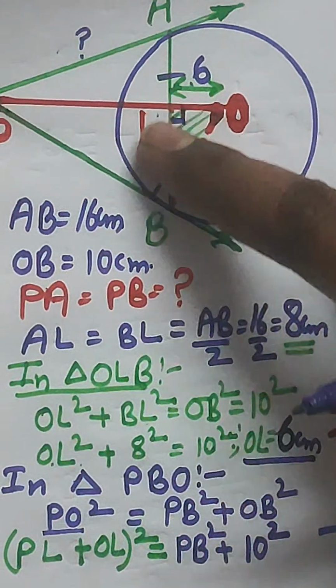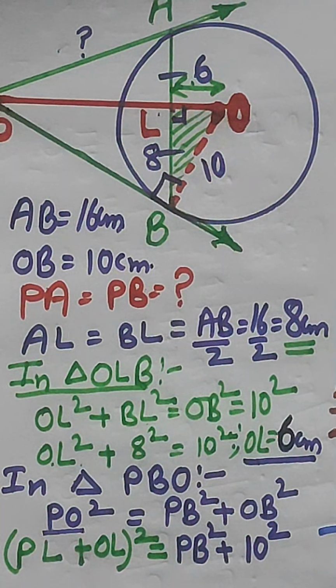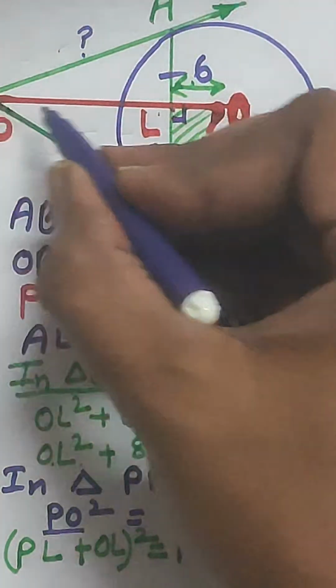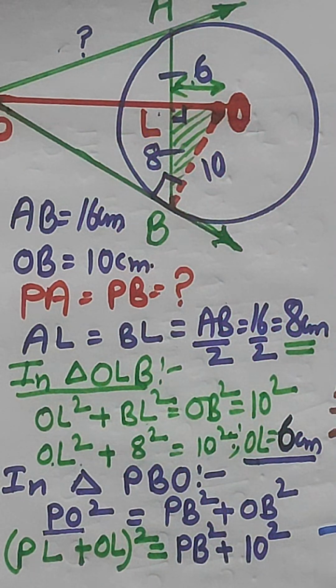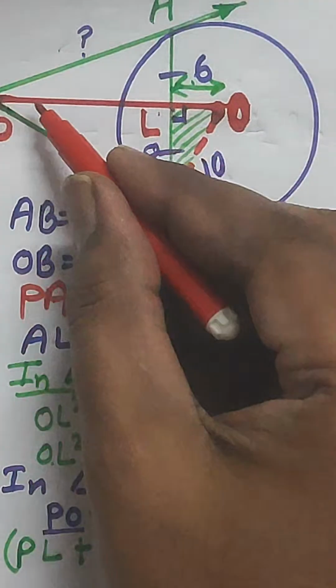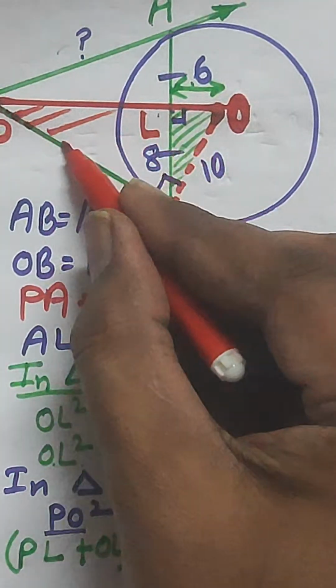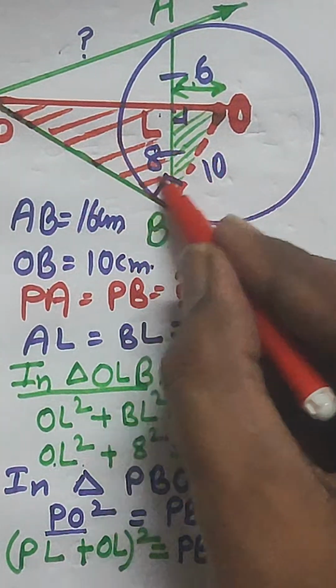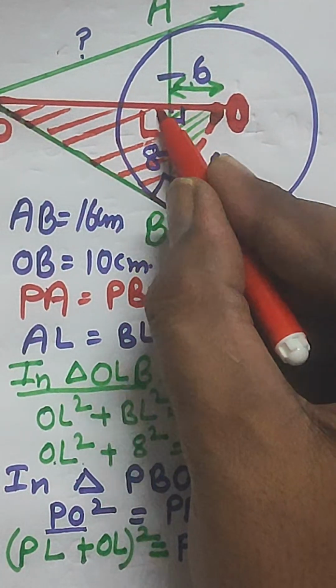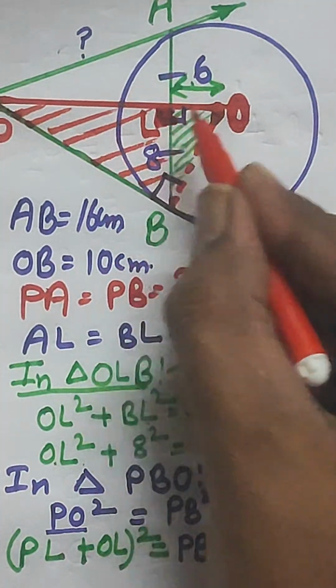PL can be written in terms of PB. How? Just consider this triangle, I am marking it in a different color. Here also it's a 90 degree.